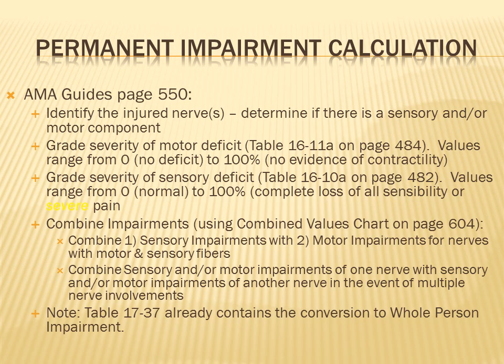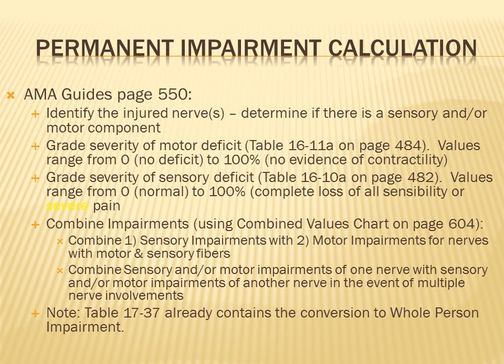Now, values of the severity of motor deficit range from 0, meaning no deficit, to 100% motor deficit, wherein there is no evidence of contractility at all of the muscle. In the presence of a sensory deficit, we then use table 16-10A on page 482, and again, this is from the upper extremity chapter.